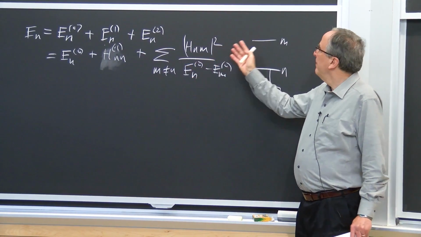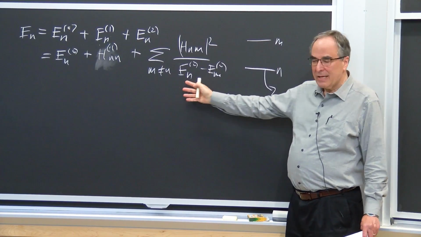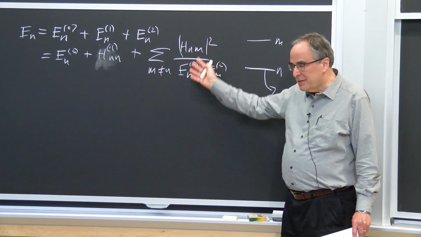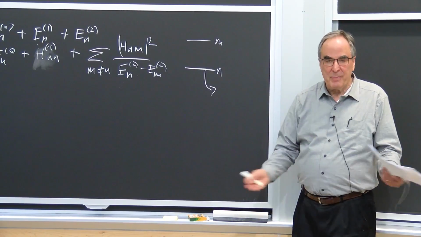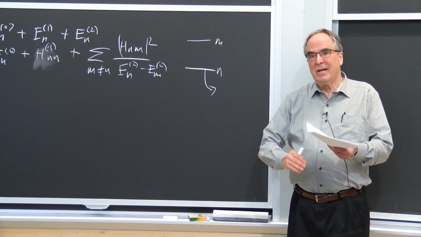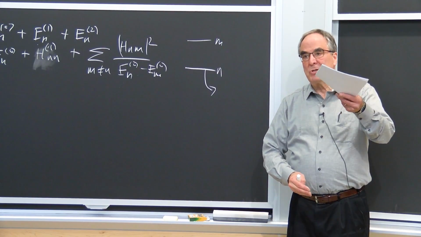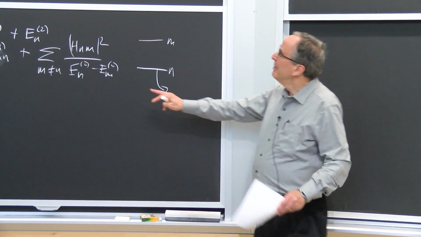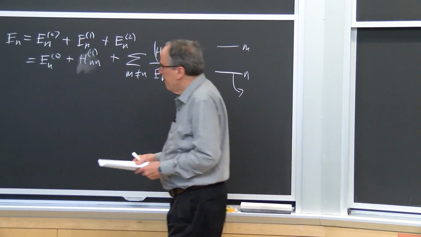So if the mth level is above the nth level, this denominator will be negative, and that causes the pushing down. And so if you remember the idea of perturbation theory, that things interact and one level gets pushed down, the other level gets pushed up, equal and opposite, you can correct your flaws of memory on which comes first.